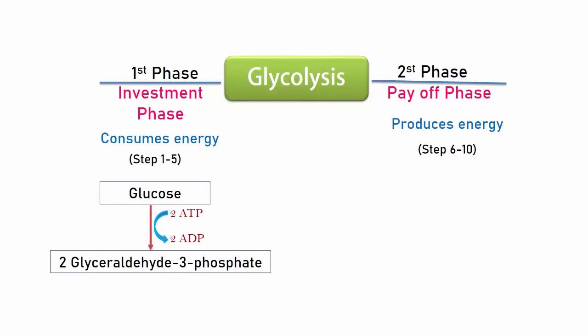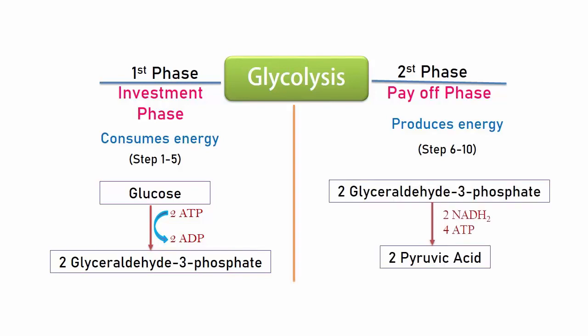In the first phase, glucose is converted into 2 molecules of glyceraldehyde 3-phosphate. This phase involves addition of phosphate, that is, it uses energy. In particular, in the first phase, you need 2 ATP molecules to proceed with the reactions.